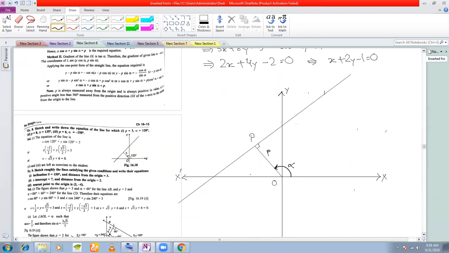Remember, the angle made by the perpendicular with the positive direction of the x-axis is alpha. Then the equation of this straight line in the normal form is x cos alpha plus y sin alpha is equal to p. Okay, this is what the geometric meaning of a normal or a perpendicular form is.